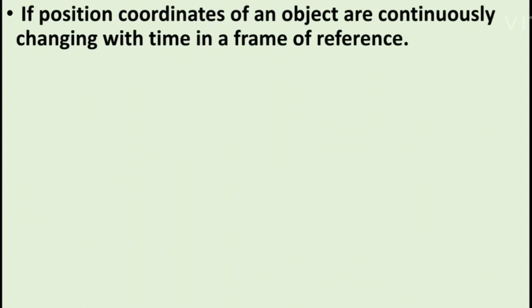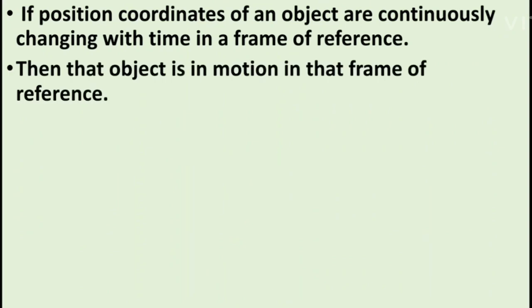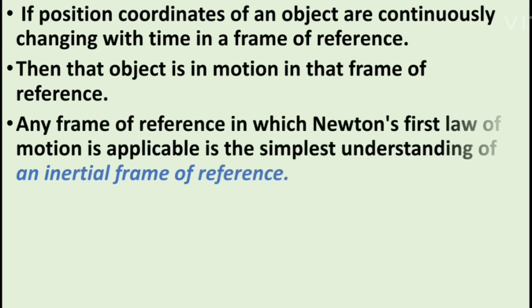If position coordinates of an object are continuously changing with time in a frame of reference, then the object is in motion in that frame of reference. Any frame of reference in which Newton's first law of motion is applicable is the simplest understanding of an inertial frame of reference.